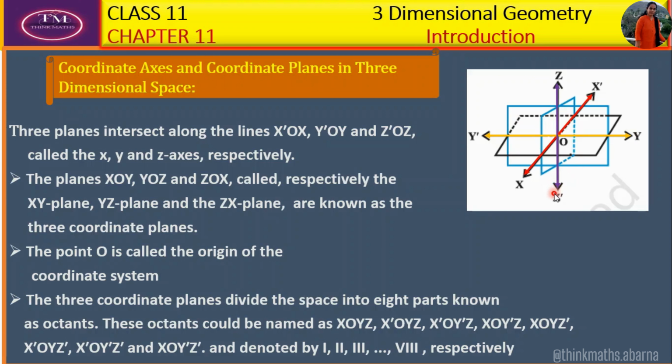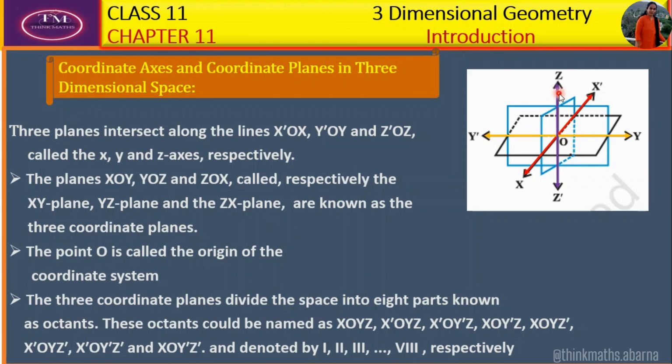So these are the axes, and we call this plane X O Y, the XY plane. This plane is called the YZ plane, and this one, Z X, is called the ZX plane.